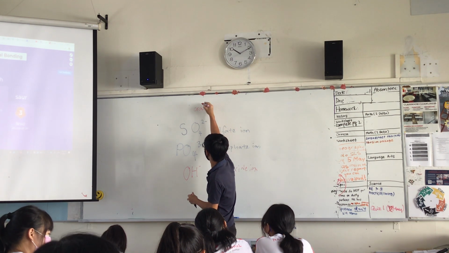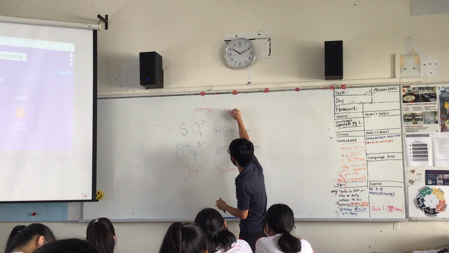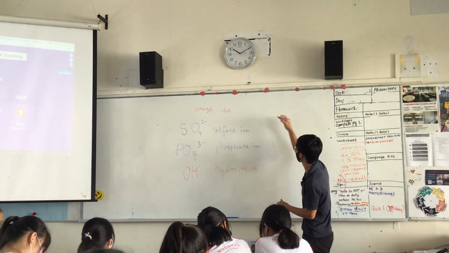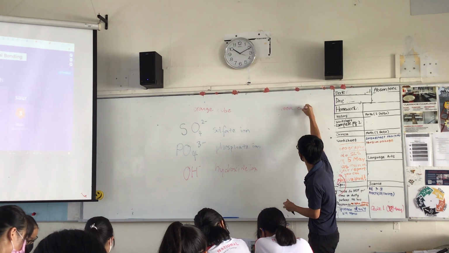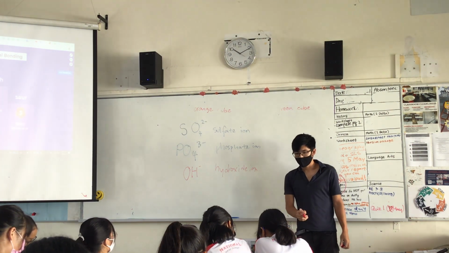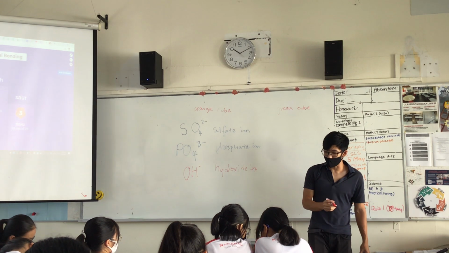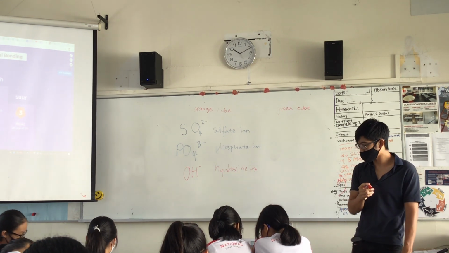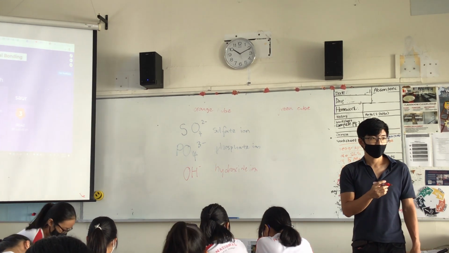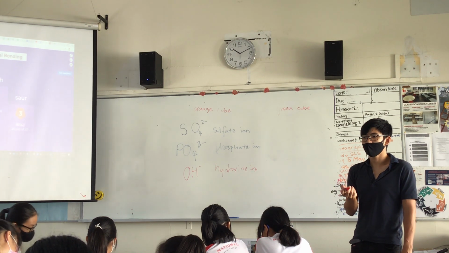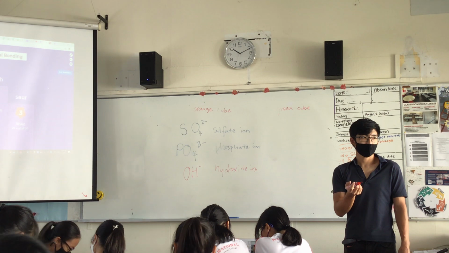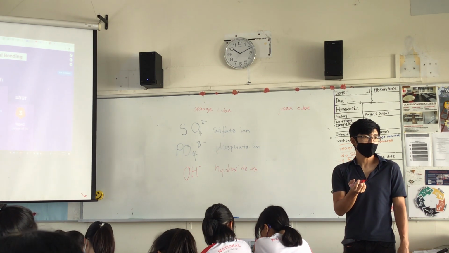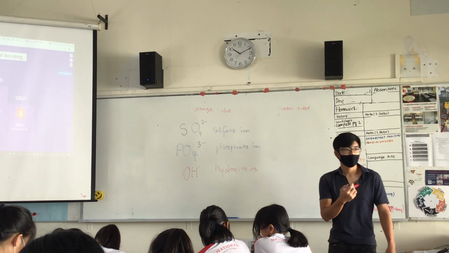Do we have any polyatomic ions on the green cube? Can you spot any polyatomic ions on the green cube? Do you know what it's called? Take time to look in your textbook. Okay, Jan?